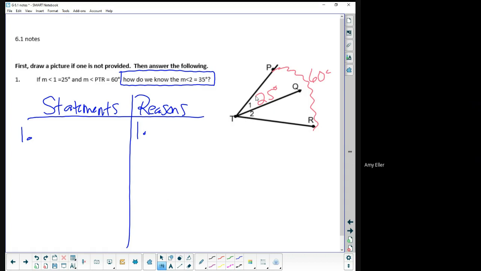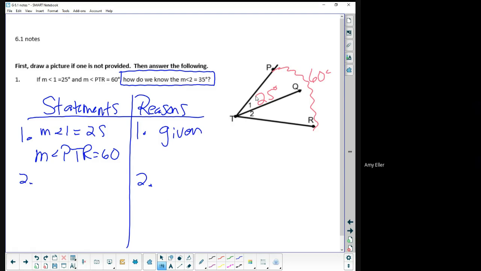We're always going to write the given. So we've been told the measure of angle 1 is 25, and the measure of angle PTR, bless you, is 60. Notice I've said nothing about angle 2. I didn't write it or draw it in my picture. That's the end goal.